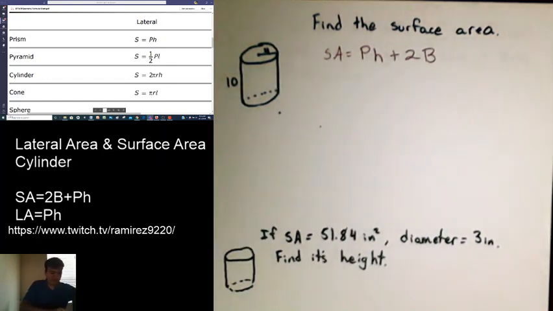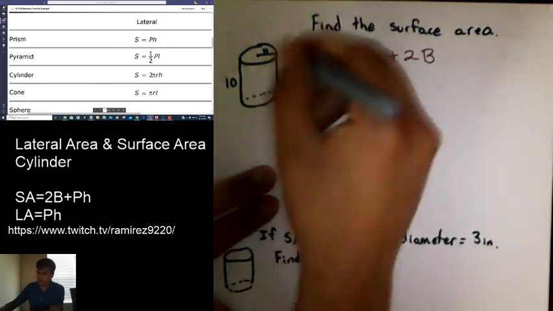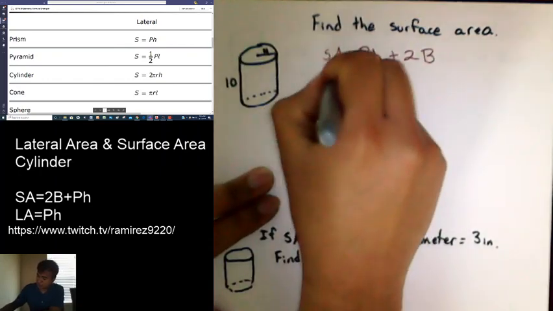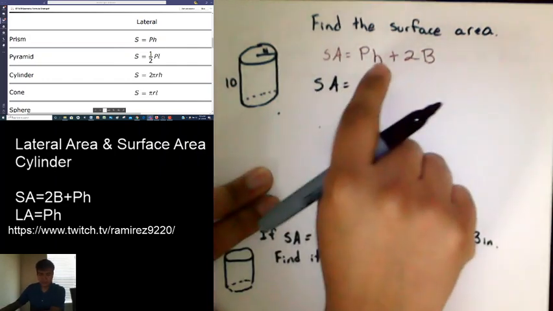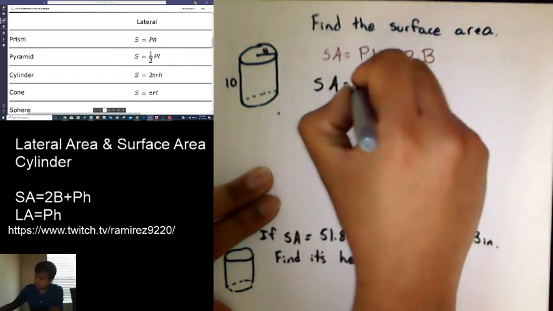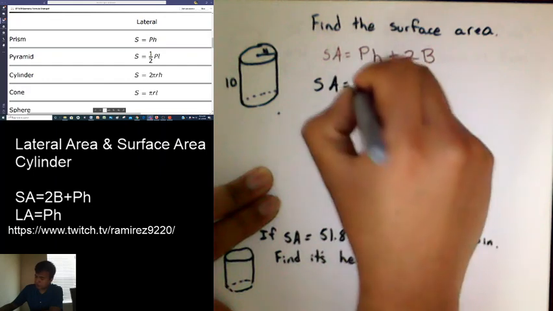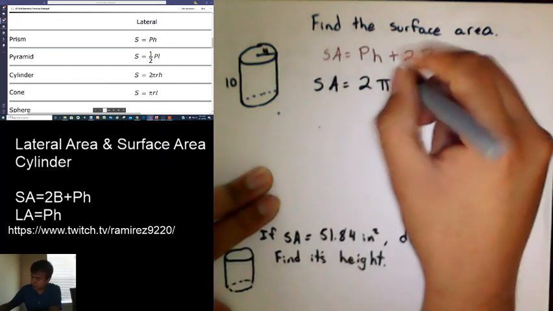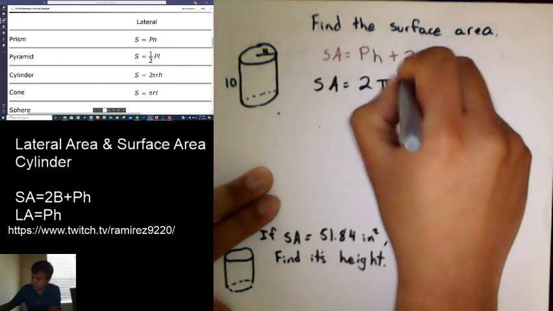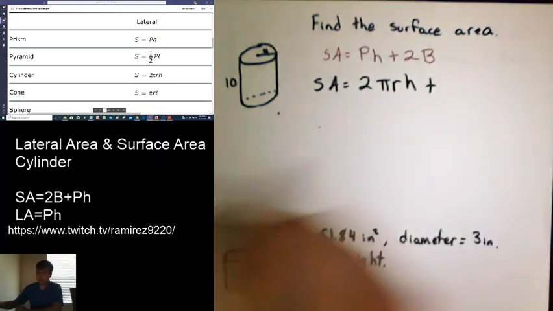And again, that is why we can say that the surface area of a cylinder, the lateral area, is just my perimeter of the circle, which is 2 pi r, times the height of the prism, I mean in this case the cylinder, plus 2B.